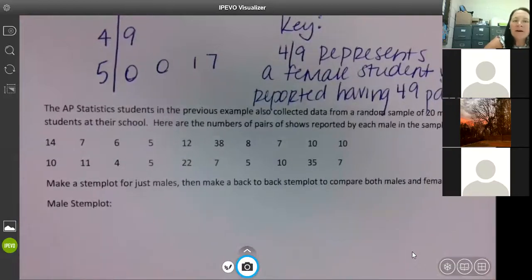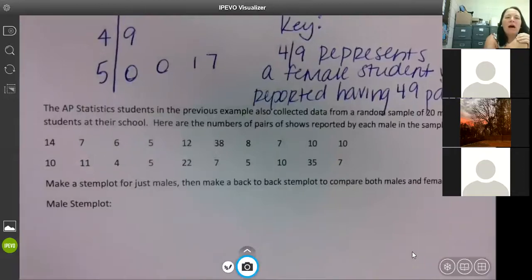There's also males, and we're going to make a stem and leaf plot with the males. So what's your lowest and your highest? Your lowest is 4 and your highest is 38. So how can I represent 4? Eventually we're going to compare these, so we need to make sure that we can compare them. Basically, you have to have the same type of numbers.